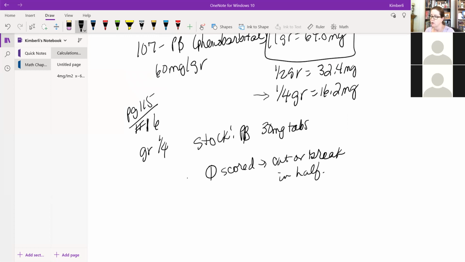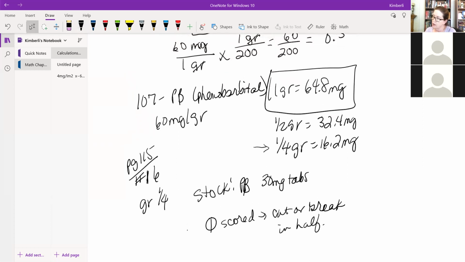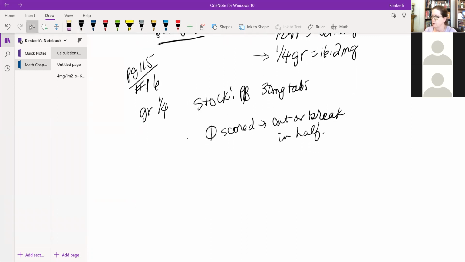I would say no, because it deliberately says unscored tablets. So you could use a half a tablet, which would give you 15 milligrams, because it says to use 60 milligrams per grain. So 1/4 of a grain.